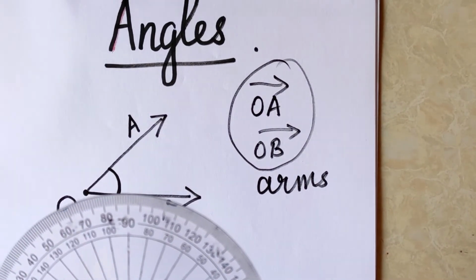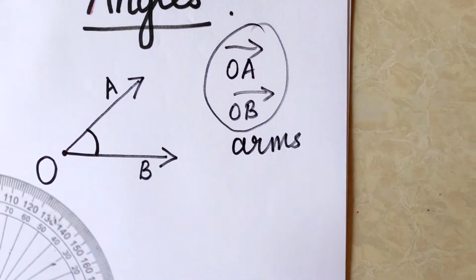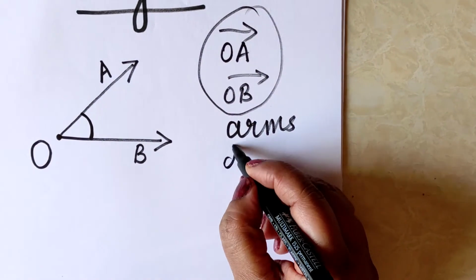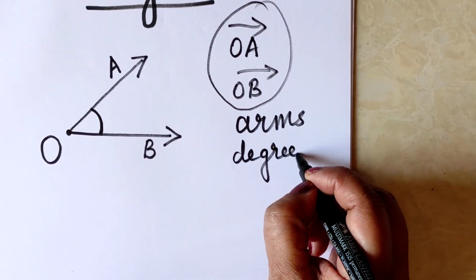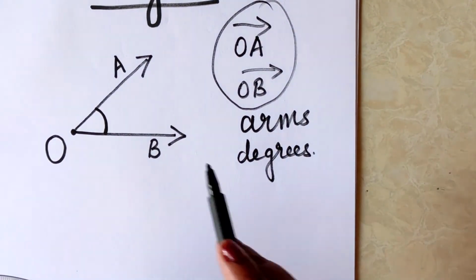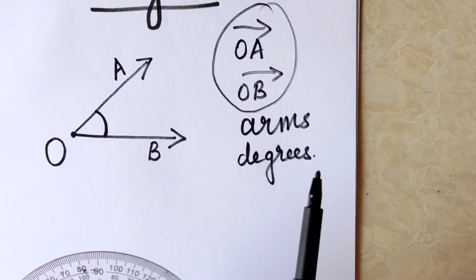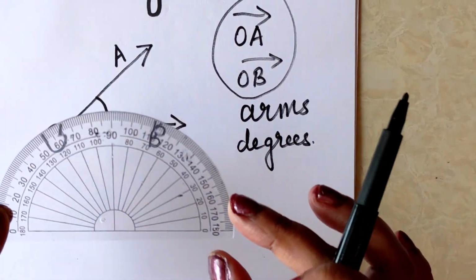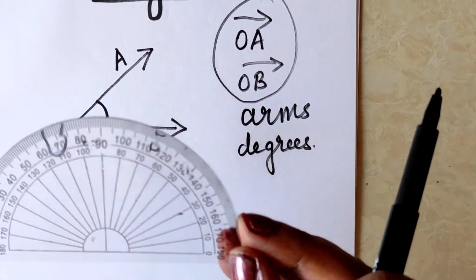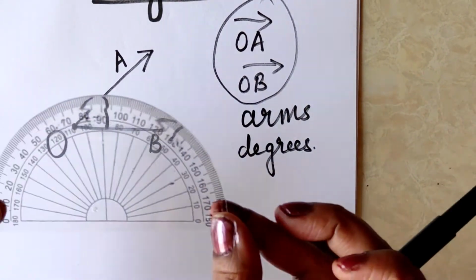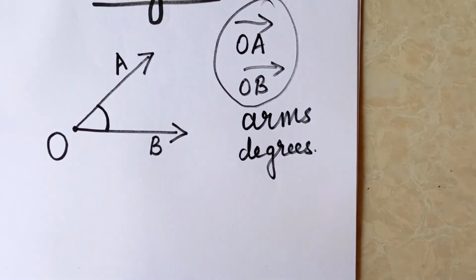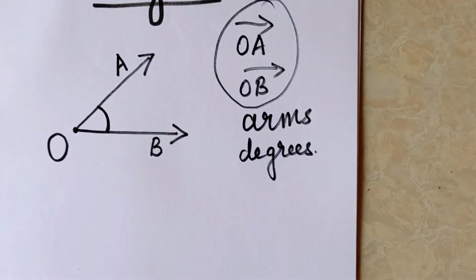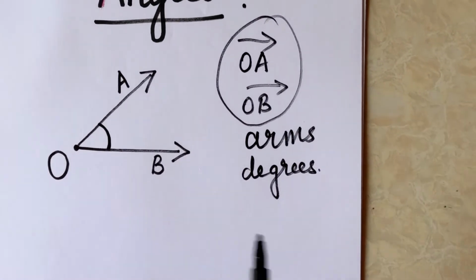You can see 0, 10 degree, 20 degree. Angles are measured in degrees: 10 degrees, 20 degrees, 30 degrees, like that. But you don't bother about this, you will learn it in the higher class. Just for your knowledge, remember this is the instrument used to measure an angle. It is called the protractor, and it is kept in the geometry box.